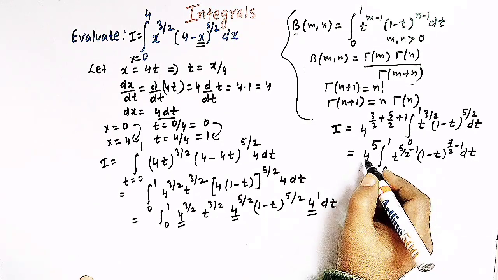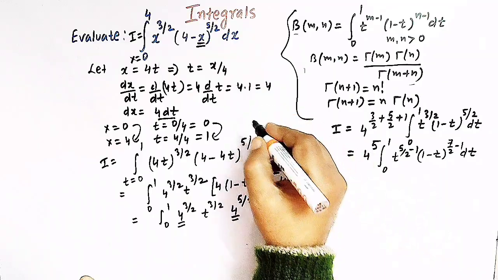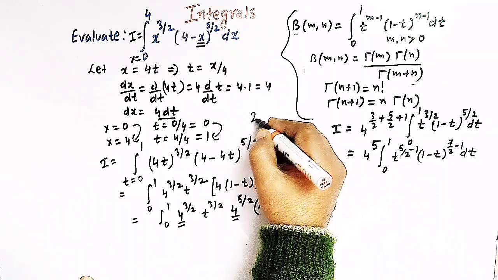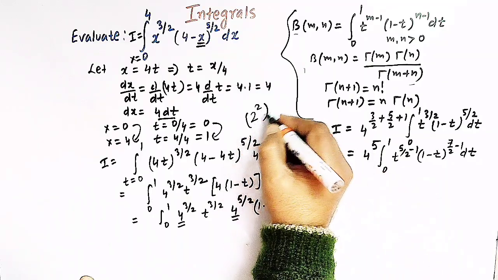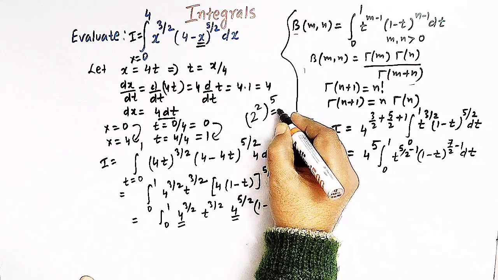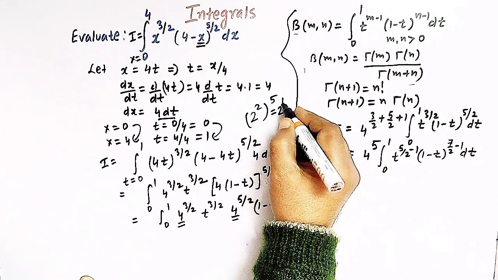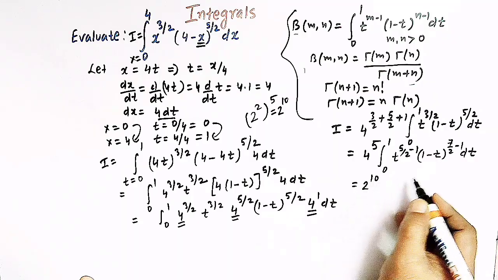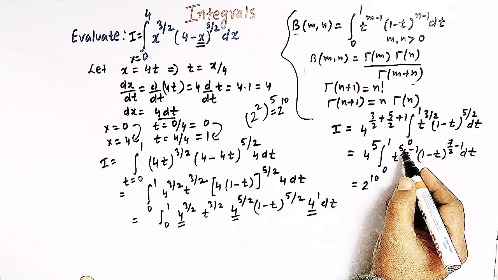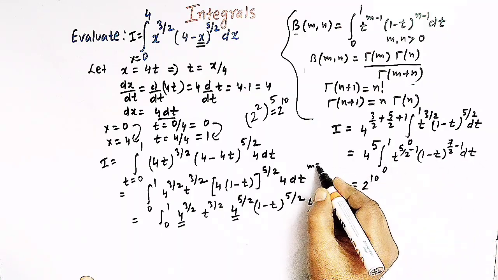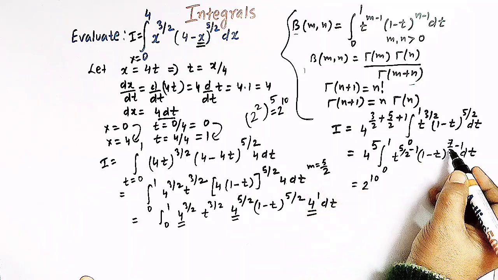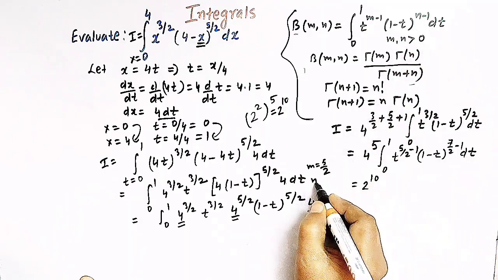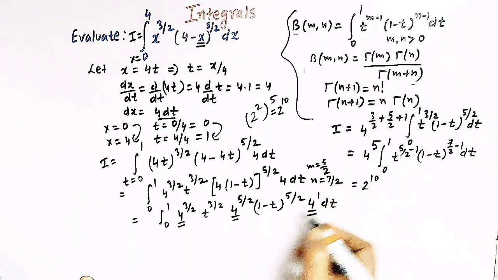So now 4 raised to 5 can also be written as 2 square raised to 5. So we have 2 raised to 2 times 5, which is 10. So here we have 2 raised to 10, and the value of m is given by 5 by 2, and the value of n is given by 7 over 2.